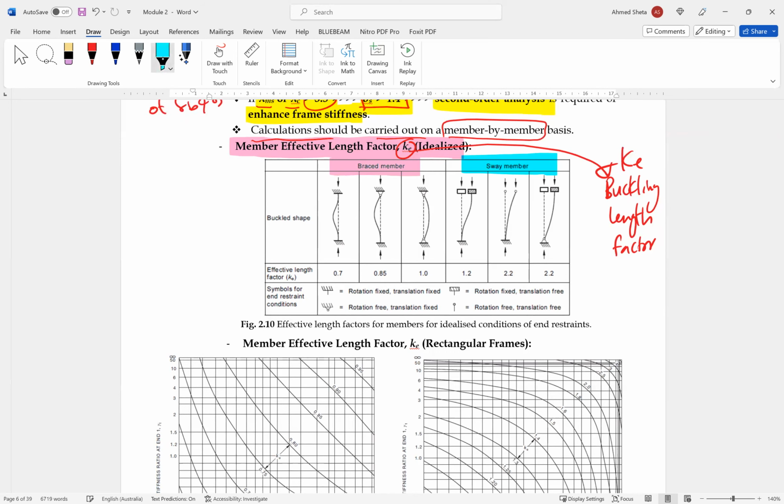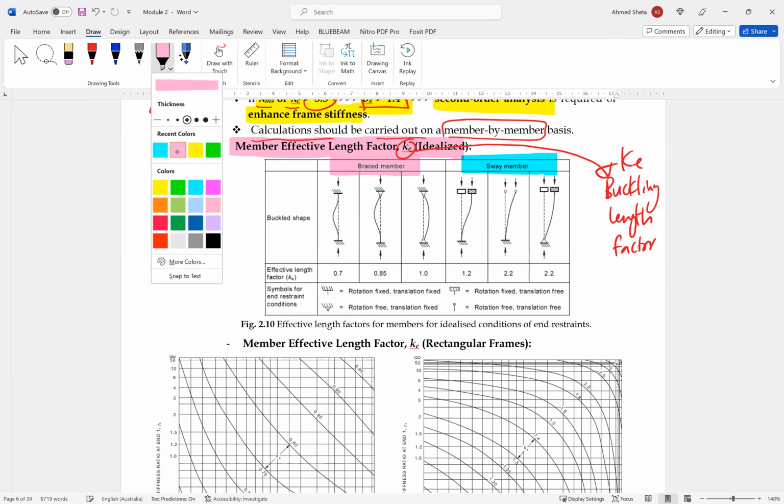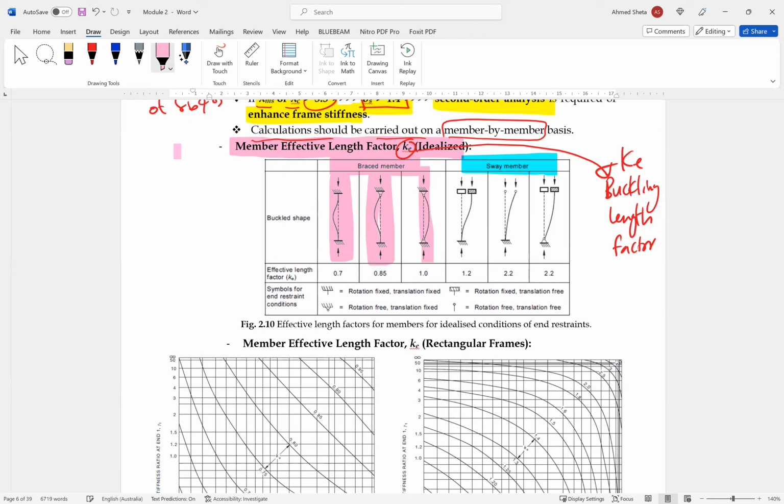In braced, the first one is fixed at bottom and fixed at top, and K is 0.7. And we have pin bottom, pin top, and K is 1. The middle one is one fixed and one pin, so it is in the middle, 0.85.